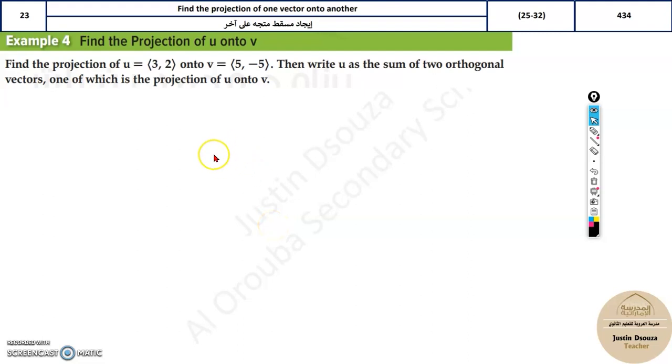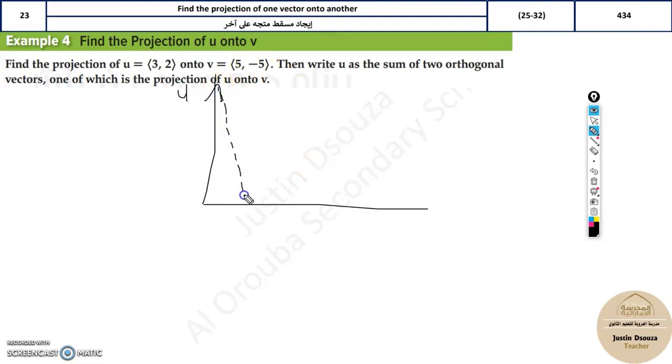Moving on to the last topic, the last known topic in the EOT, the 23rd topic, which is to find projections of vectors. Before we start the topic, projection is basically like a shadow. So it is very important to know which is projected onto what. Imagine this is vector u, and the shadow of this onto v.